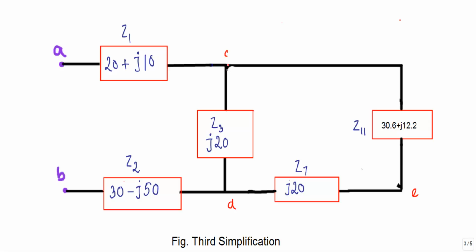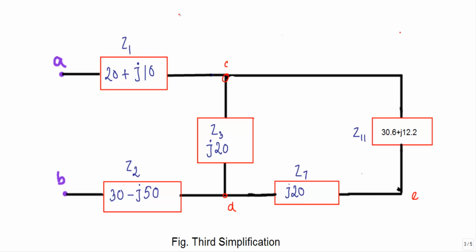Now look at terminal C and terminal D. I have the impedance Z7 and Z11. They are connected in series, so I can replace them with their equivalent impedance Z12. For example, Z12 will be the equivalent series of Z7 and Z11. That will be equal to 30.6 plus J32.2 ohm.